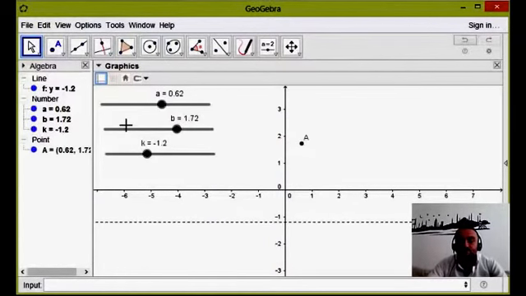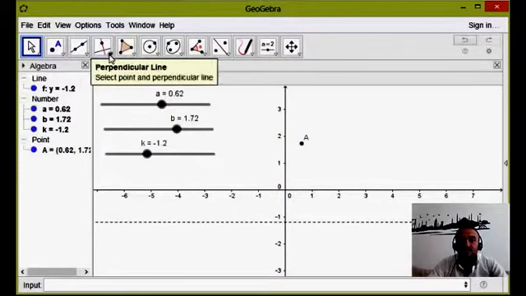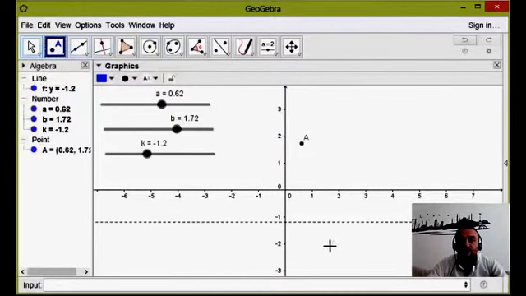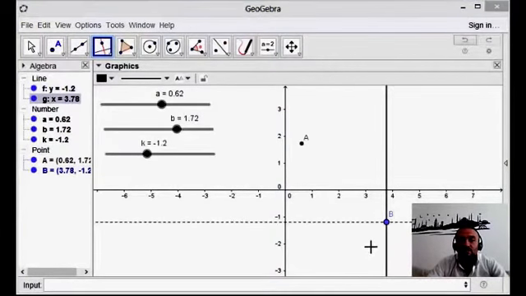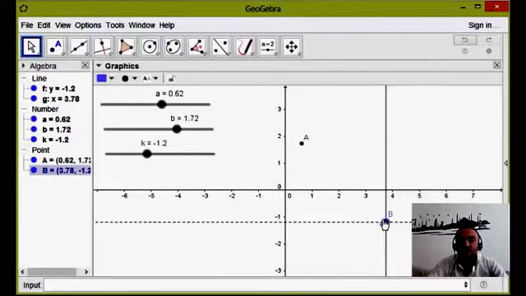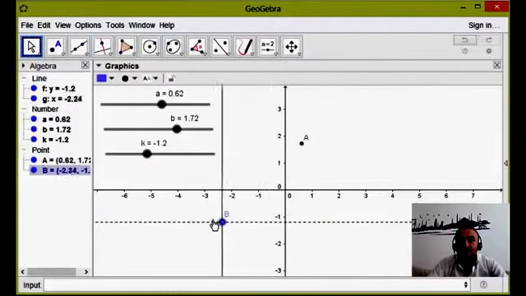And where will be our points which create the parabola? Just put a point on the directrix and create a perpendicular line passing through this point and perpendicular to our directrix.